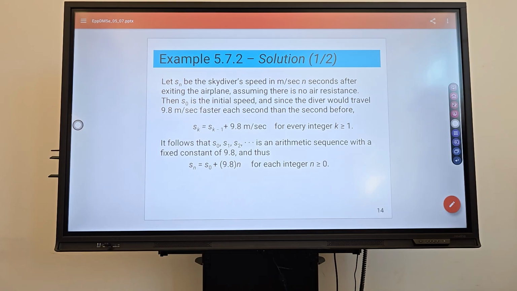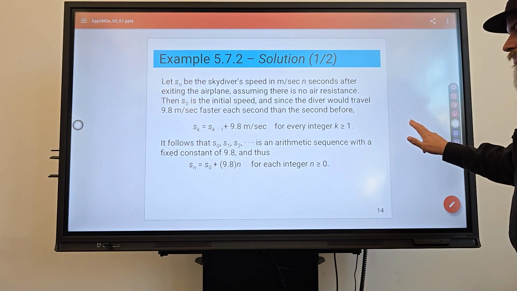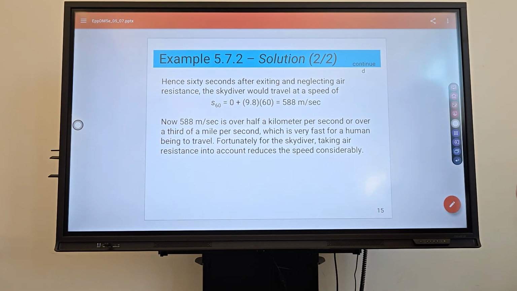It follows that this is an arithmetic sequence with a fixed constant of 9.8. And thus, S sub n would equal S sub 0 plus 9.8n. 60 seconds after exiting and neglecting air resistance, the skydiver would travel at a speed of 9.8 times 60 meters per second, or 588 meters per second.